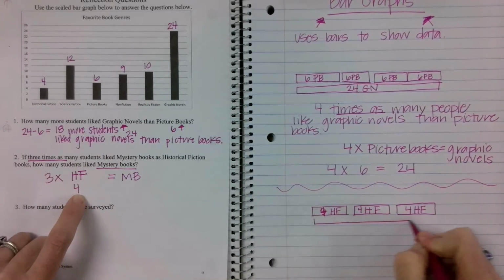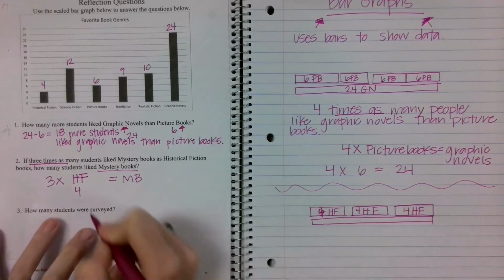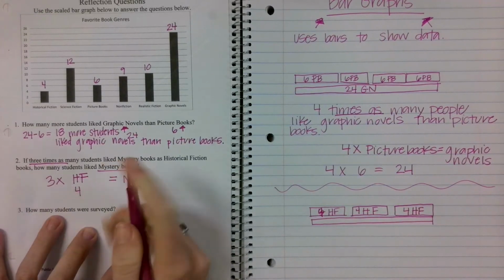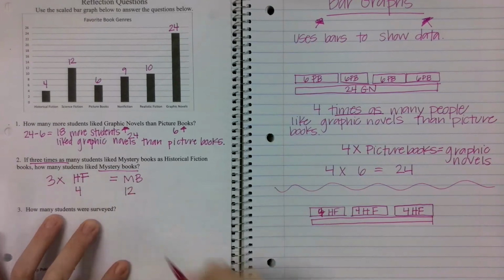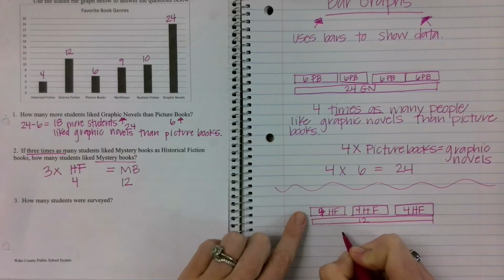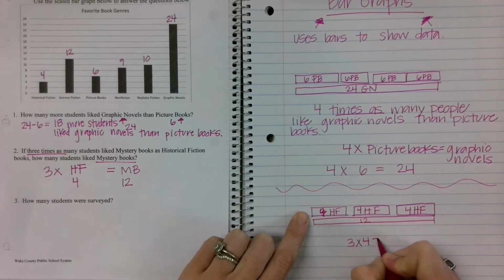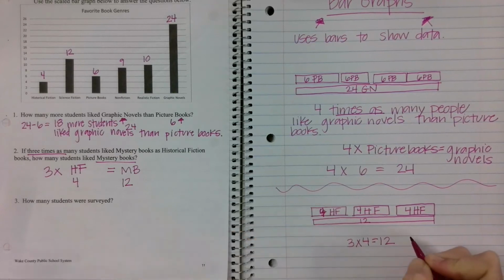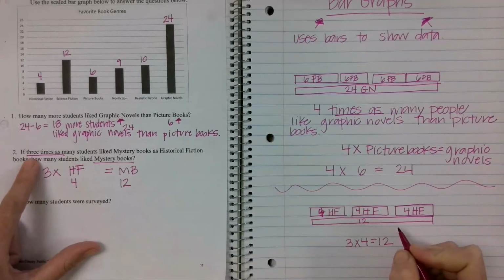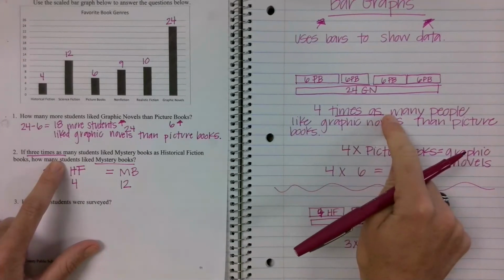But if our problem, sorry, I was a little uneven with that. If our problem matches up, then we know that 3 times 4 is 12. So we have 3 times 4 equals 12. All I did is I saw here said 3 times as many, and here it said 4 times as many.